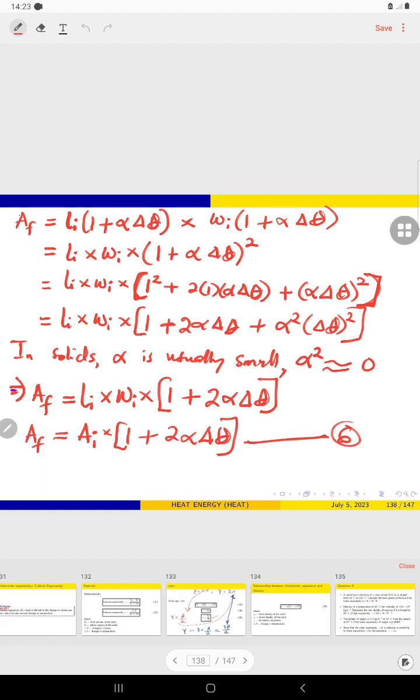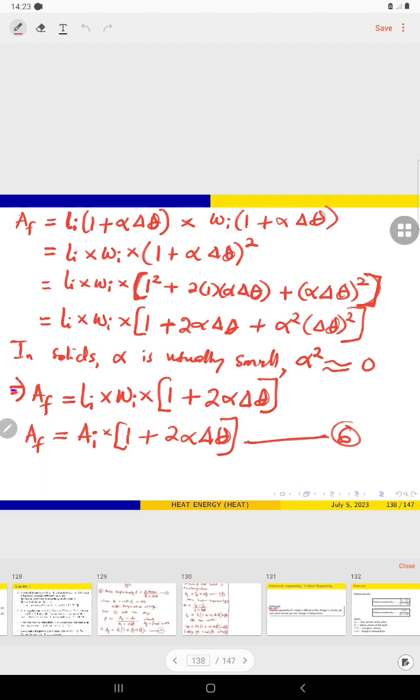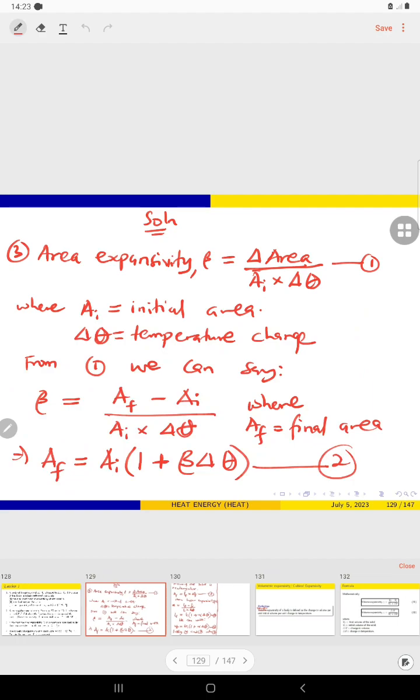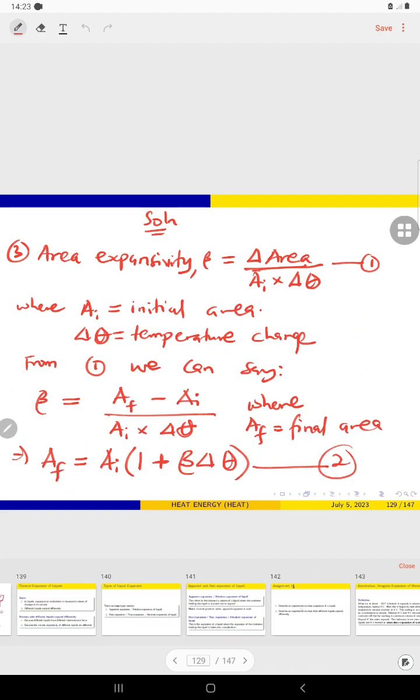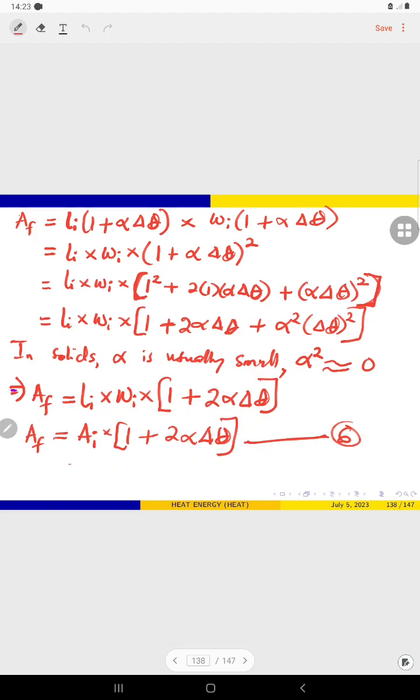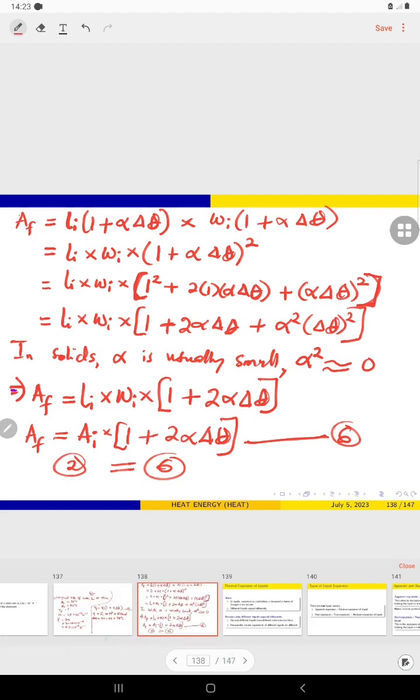And look at equation 2. Are they not AF? They are all AF, right? So equation 6 is equal to equation 2, or in other words, we can say that equation 2 is equal to equation what? 6, right? Because they are all calculating AFs.